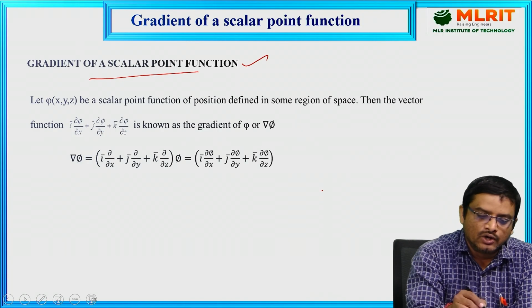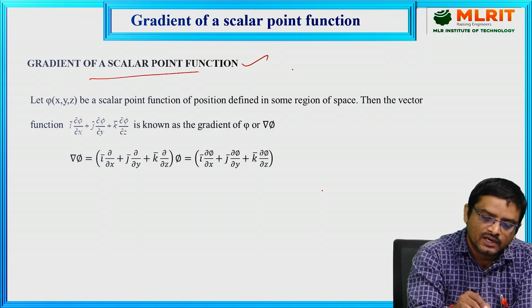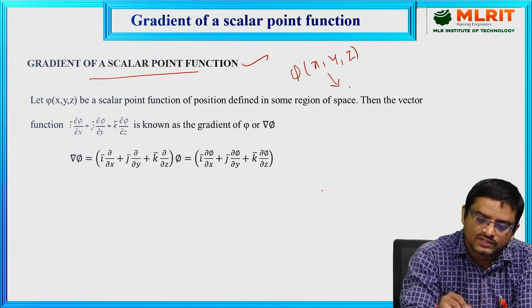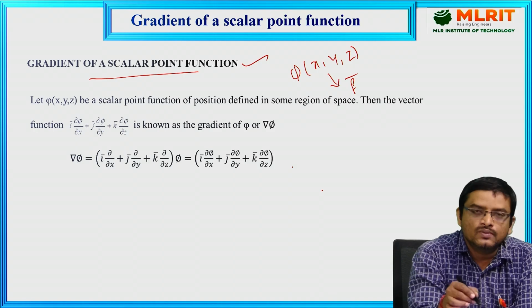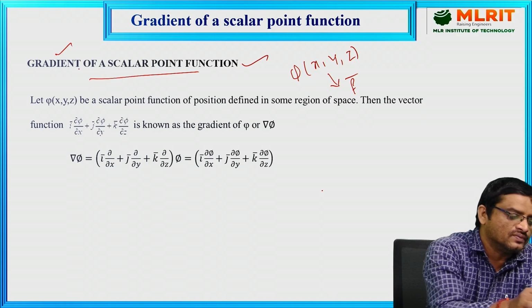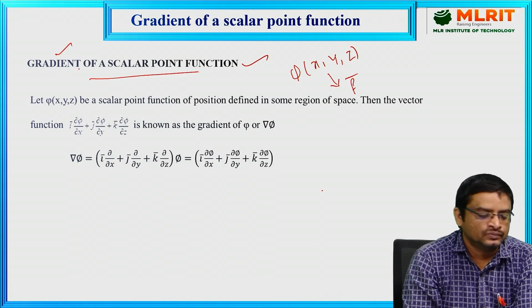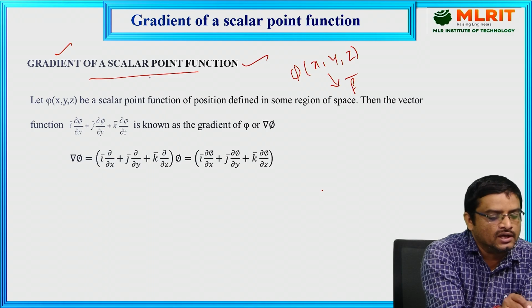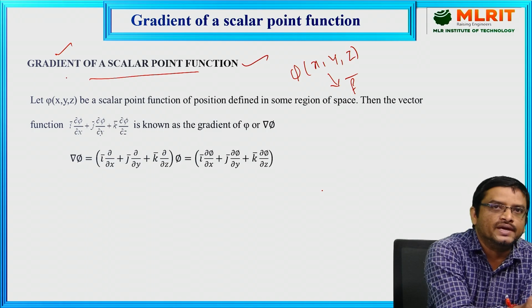I have given you a scalar point function φ of x, y, z and asked to reduce it into a vector point function f bar. Whenever we want to reduce any scalar point function to a vector point function, we can apply the concept of gradient.